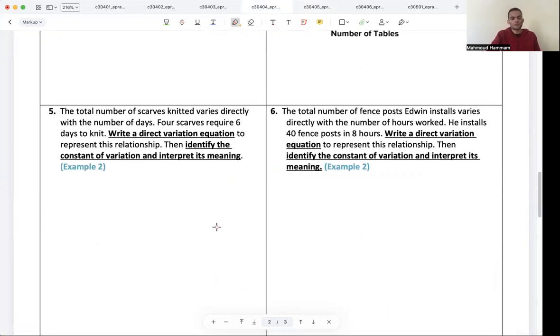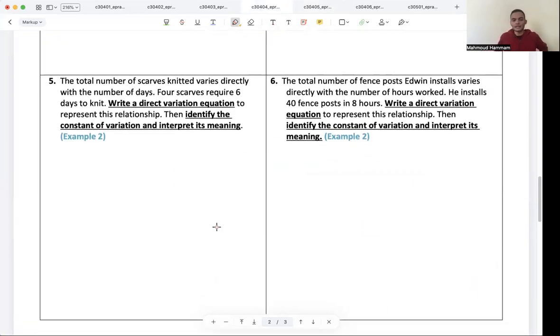Word problems. Read the word problem. Question 5.